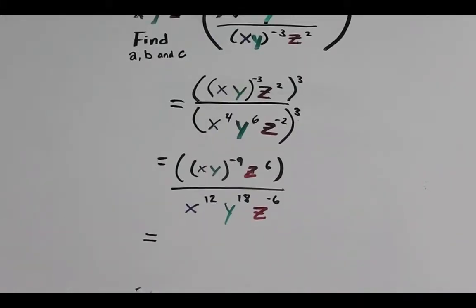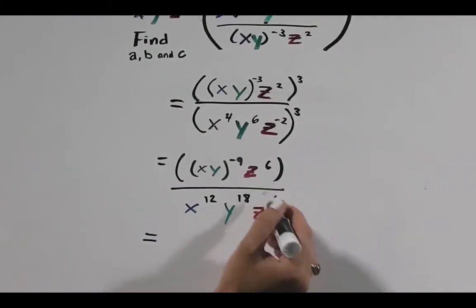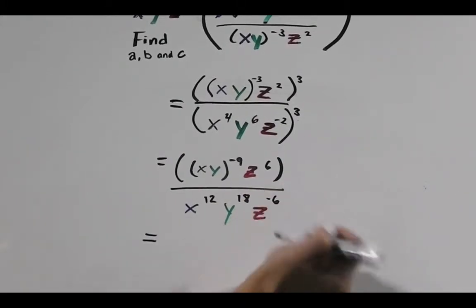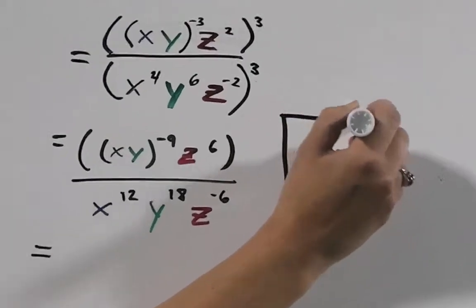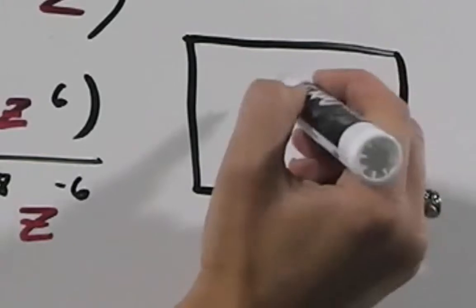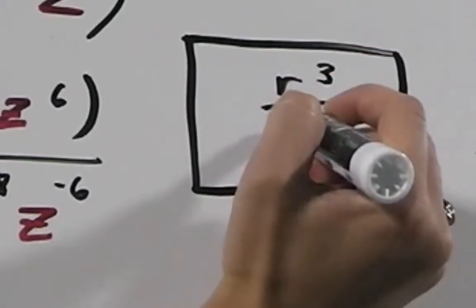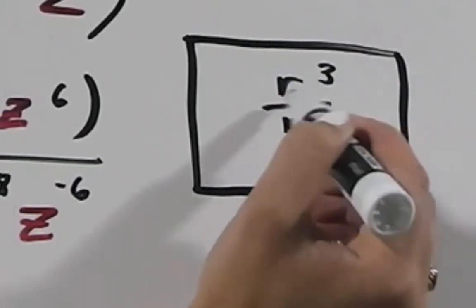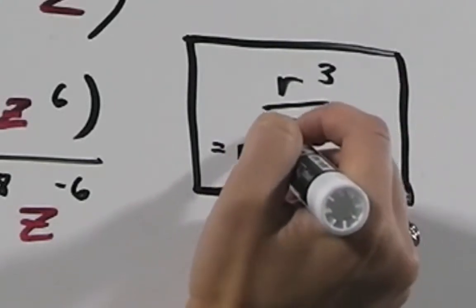Now, if we combine like terms, notice, for instance, in this situation with the z, we've got a 6 up here and a -6 down here. Let's use another example. So let's say we had base r to the power of 3 all over base r to the power of -2. Well, if we wanted to bring this thing from the denominator up to the numerator, that's just like before.